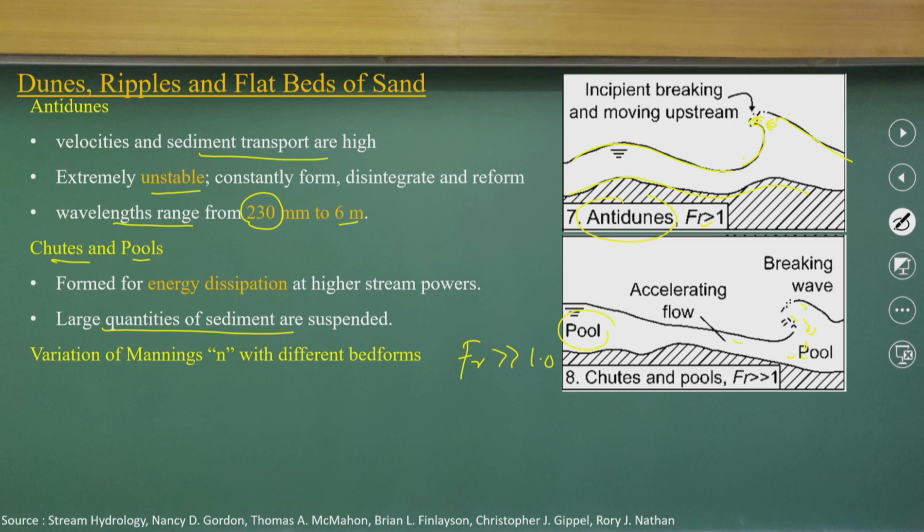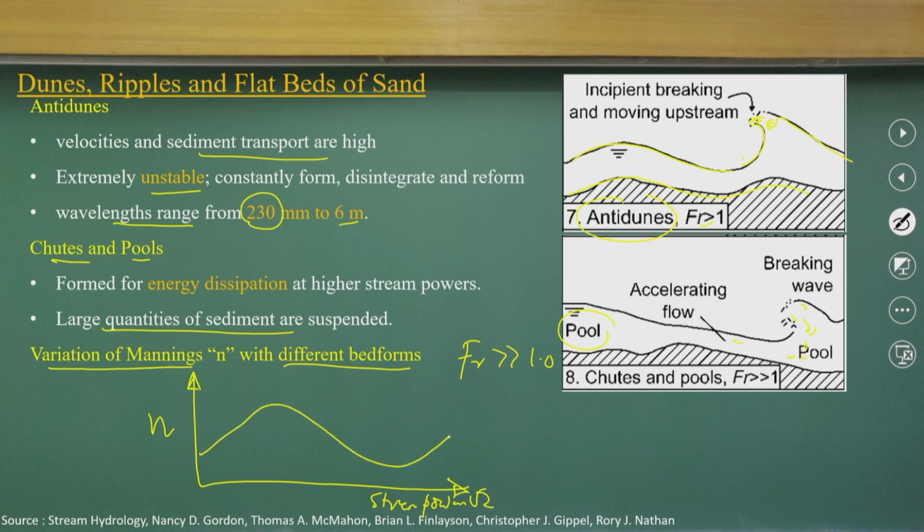But if I try to look at how Manning's roughness n value varies with the bed forms, if I plot stream power versus Manning's roughness values, I will get a shape like this.